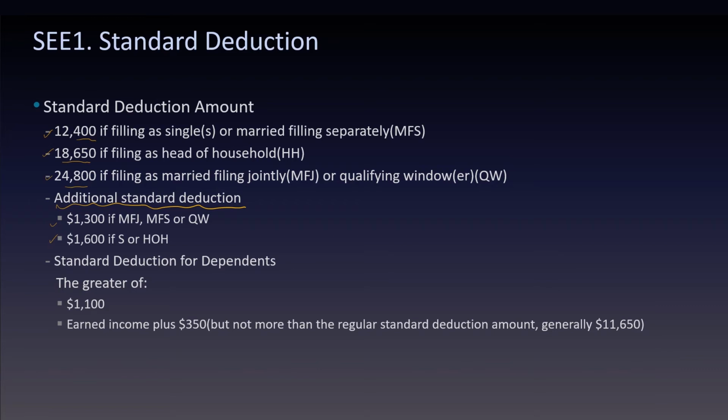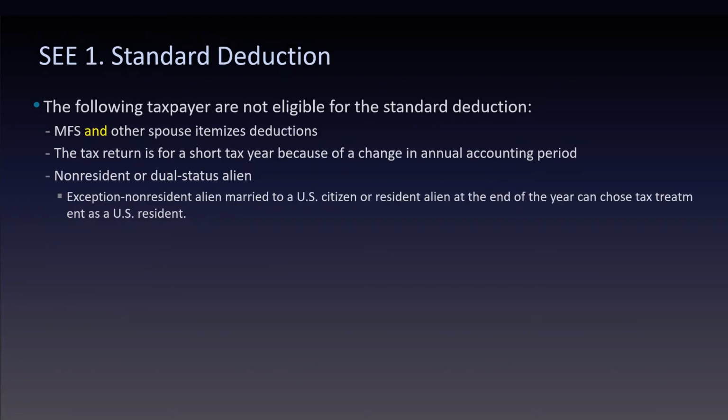Then there are certain limitations on the standard deduction, and certain taxpayers are not entitled to it. If your filing status is married filing separately and your spouse itemizes deductions, then you may not claim the standard deduction.